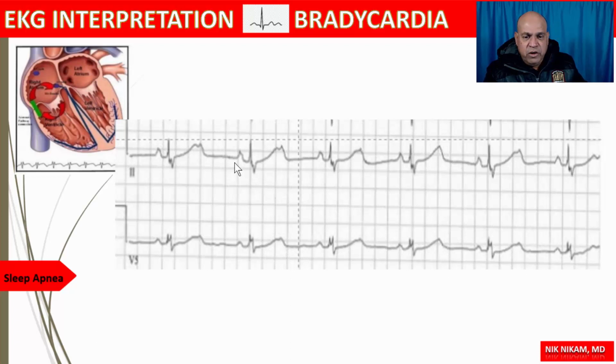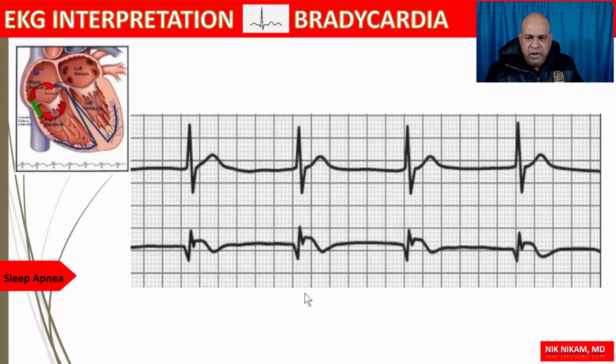Well, it could be type 1 where we just have one beat dropped, and it would be kind of hard to differentiate that from type 2 where we have constant PP intervals. Anyway, this is an example of second degree AV block type 2 with blocked P waves resulting in bradycardia. So let us continue.